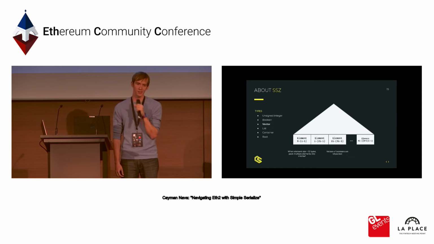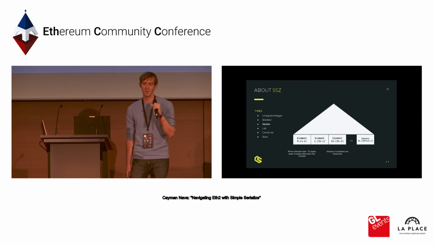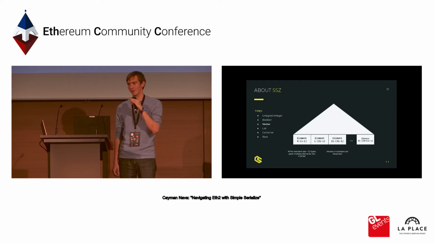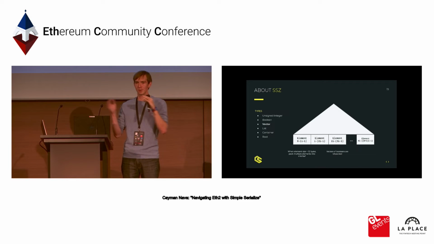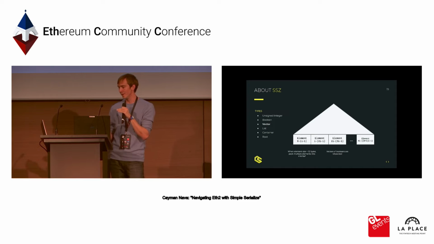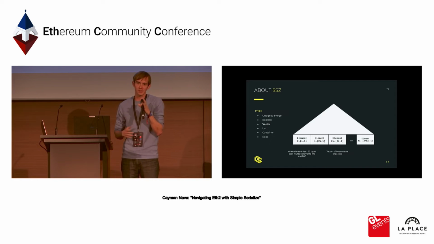So let's say we have a vector of bytes, unsigned int 8. We can pack as many of those as we can into one chunk so that we're not just wasting a bunch of space in each chunk.